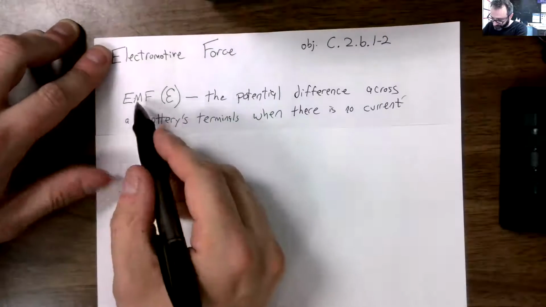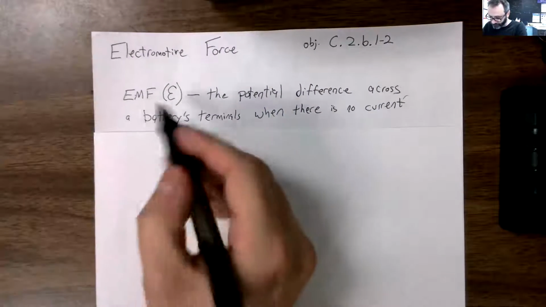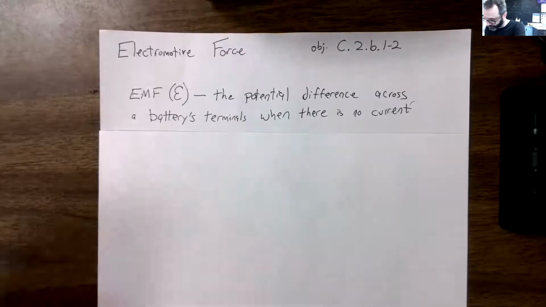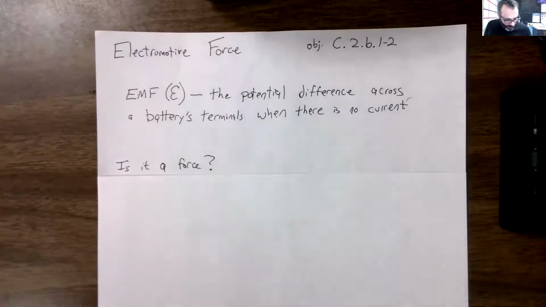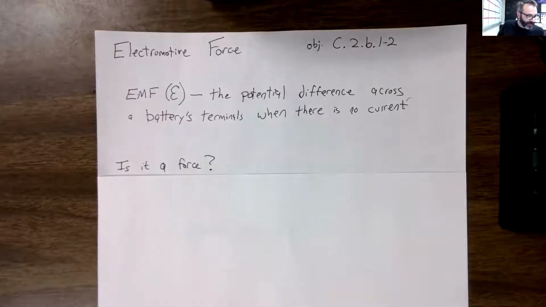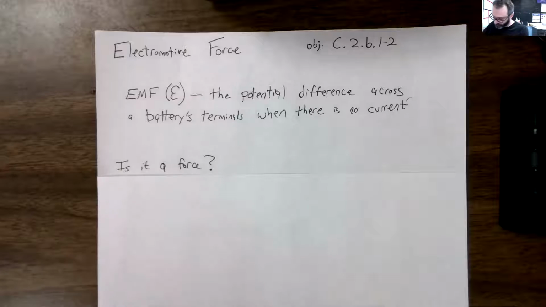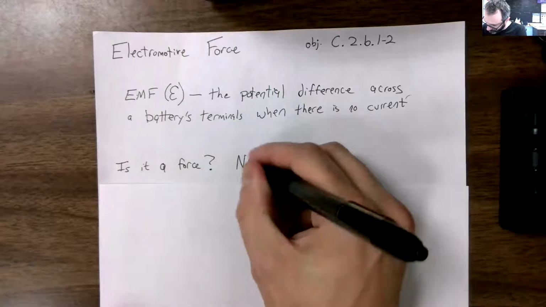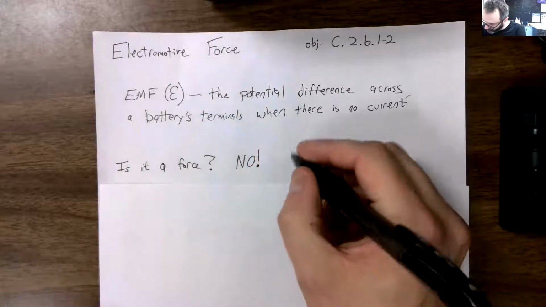But importantly, it's called electromotive force, EMF. This kind of script E is the symbol that we use for it. You would think, since it's named electromotive force, that it would be a force, but it is not. Definitely not a force. It has units of volts.